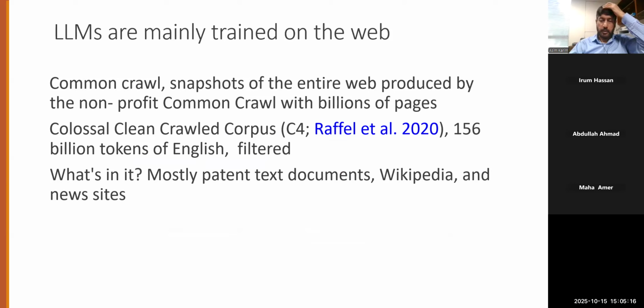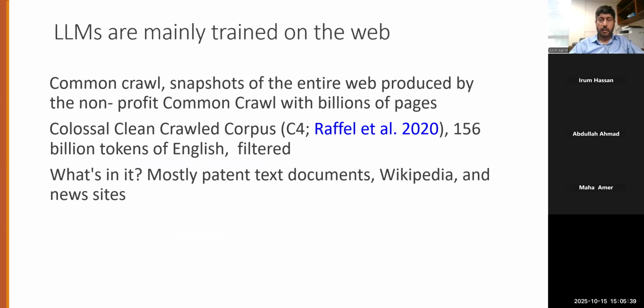So now coming to the data that is used to train large language models. So obviously, as we have mentioned this previously many times, we need lots of data to get good generalization performance. So there are various data sets out there. One of the earliest was the Common Crawl, and it's still out there available.